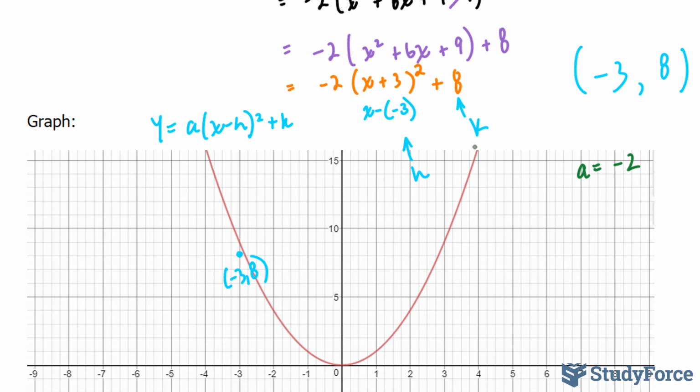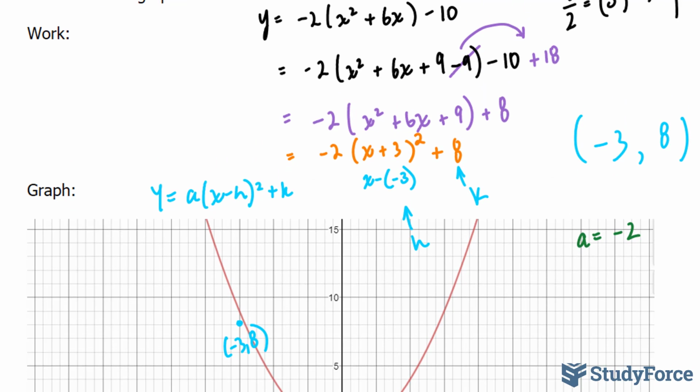Now that we've established that, what we can do to graph this in an accurate way is find the y-intercept, because the y-intercept will give us an idea how this point will go downwards, or where it will connect to this y-axis. And to find the y-intercept, it's really easy to do. You substitute 0 into the equation.